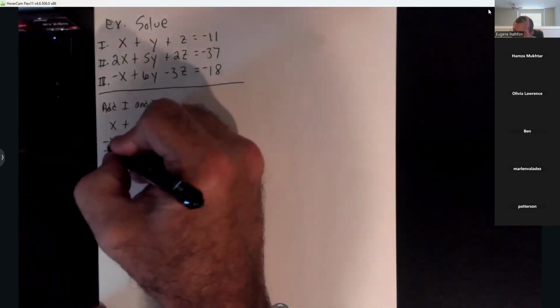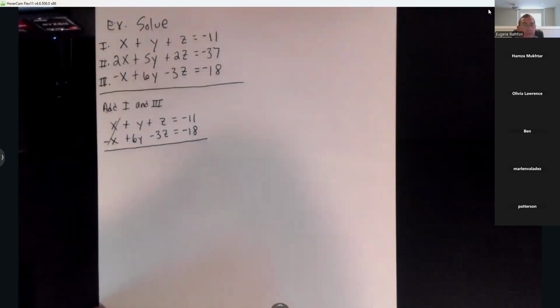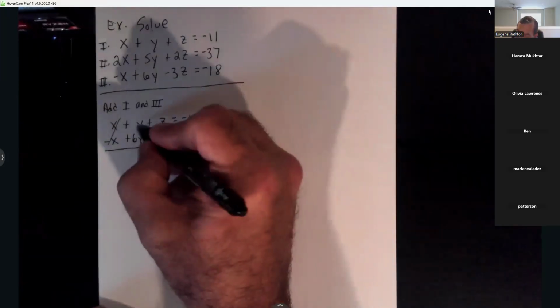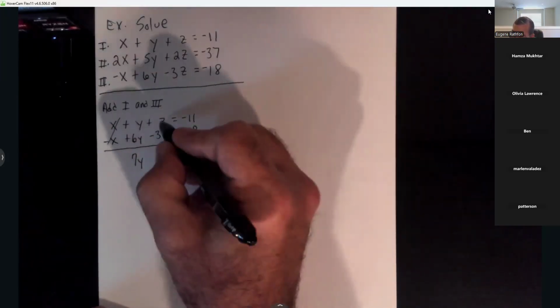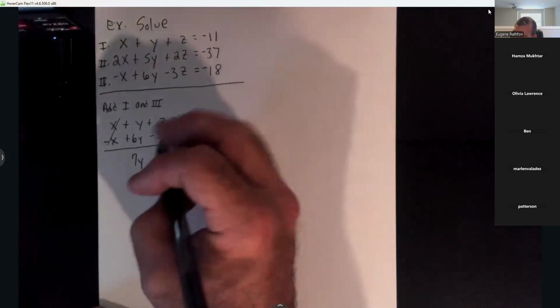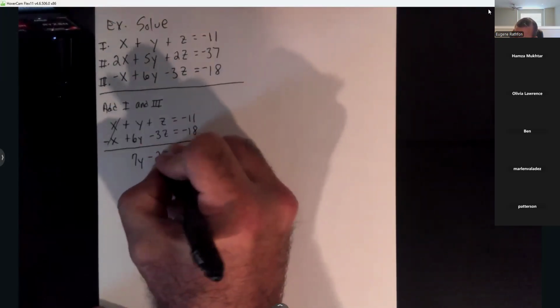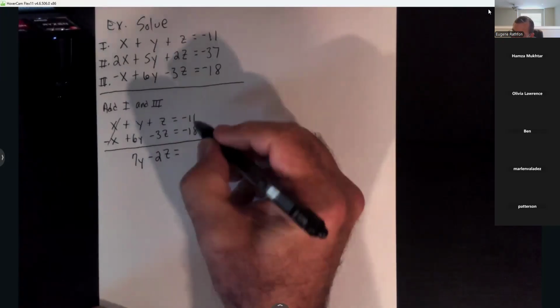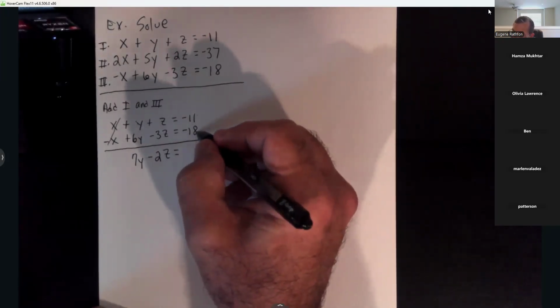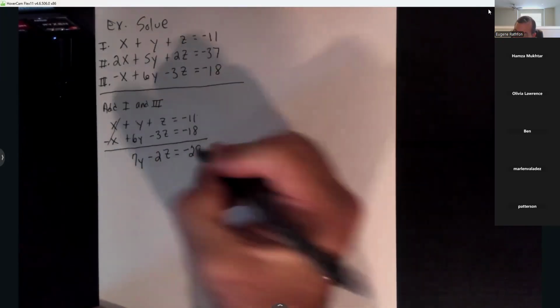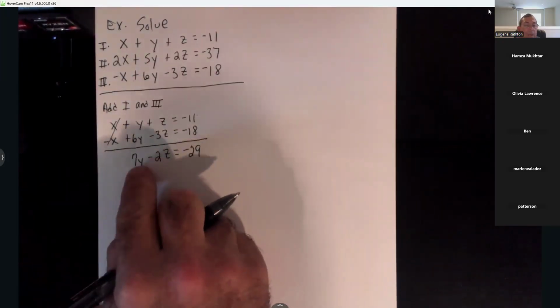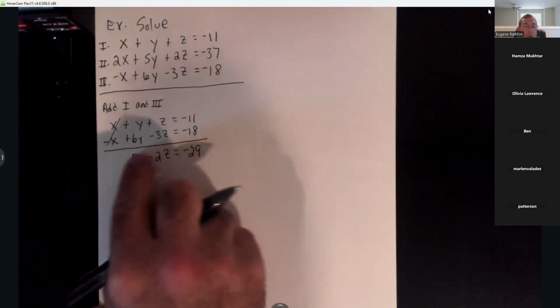All right, y'all, look at that. The x's are canceling. So I got 1y and 6y is 7y. 1z minus 3z is a negative 2z. And that's going to equal negative 11 and negative 18, which is a negative 29. So that's one of my new equations.